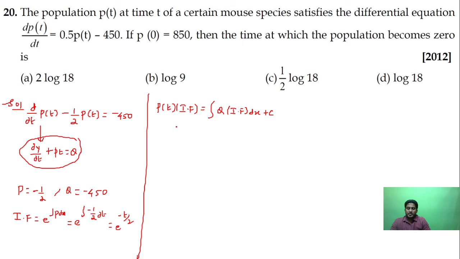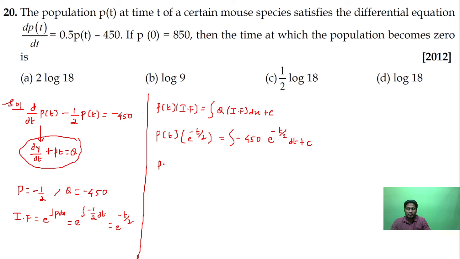So p of t into e to the power of minus t by 2 is equal to integral of minus 450 into e to the power of minus t by 2 dt plus c.